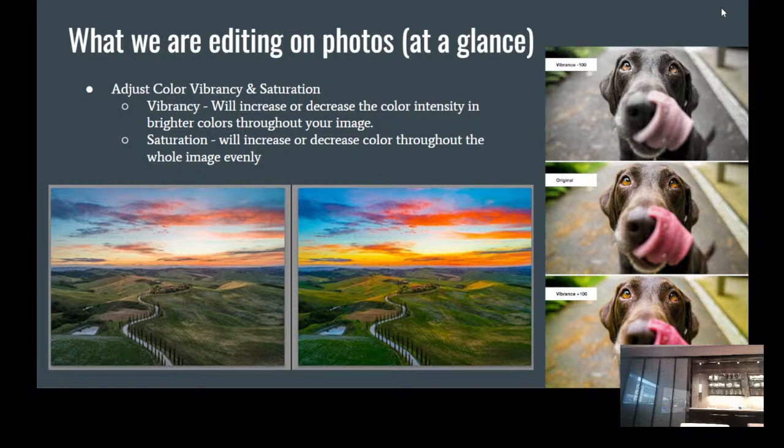So rather than just playing with the brightest or most intense parts of the image, we're now playing with, what's the term I'm looking for? The whole image. Thank you. Saturation overall is going to make the image look brighter. So when we look at the one on the left, we can see how dark everything kind of is, but we still have beautiful color in the sky and everything else.